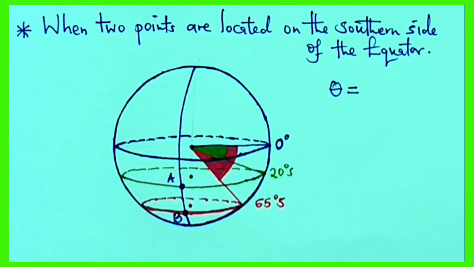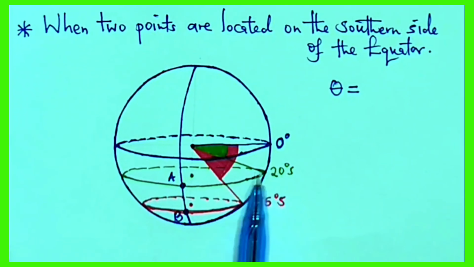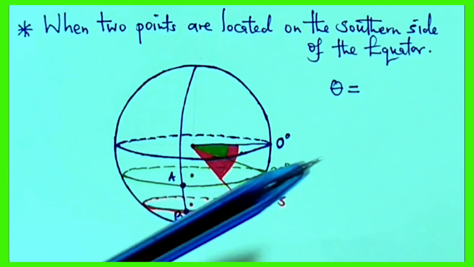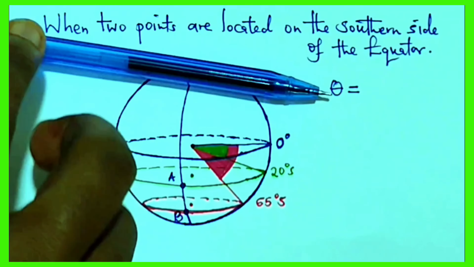And then the final one that we can consider is when the 2 points are located on the southern side of the equator and on the same longitude. So there is point A, which is on a latitude 20 degrees south, and then there is point B, which is on a latitude 65 degrees south. So theta will be found by considering, let's begin with the larger one.